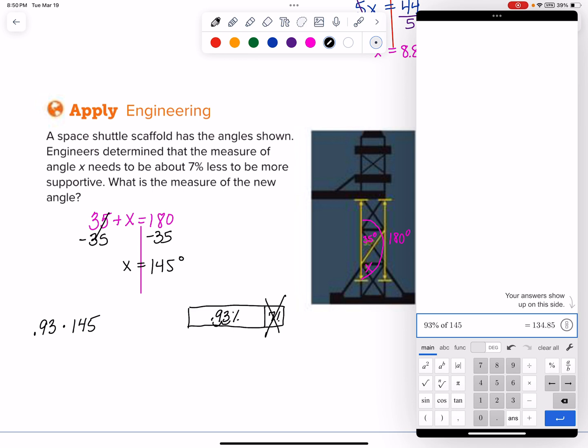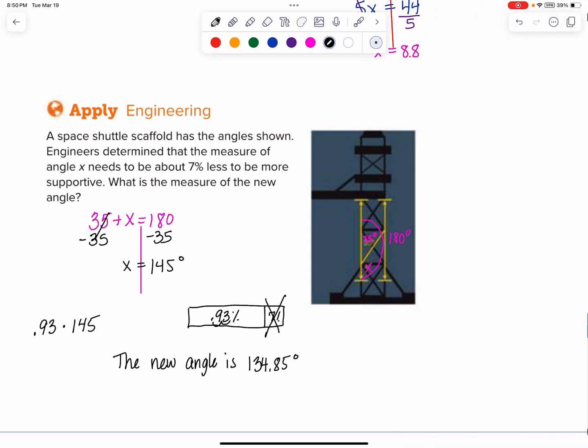So let's write that. What is the measure of the new angle? The new angle is 134.85 degrees, okay? And that is 7% less than x.